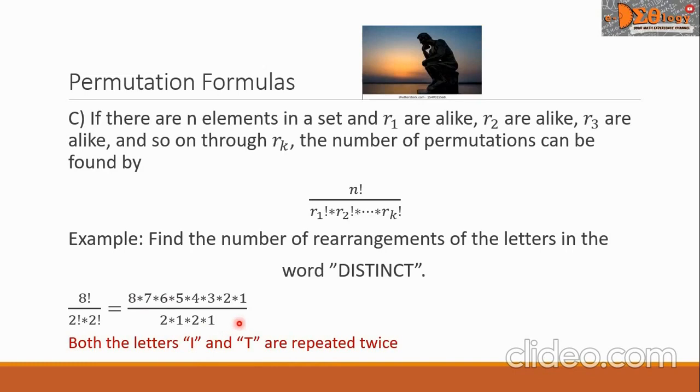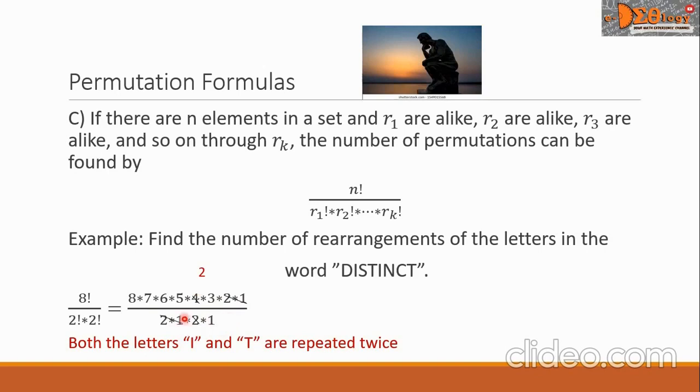To simplify further, we can cancel this 2 times 1 with this 2 times 1 here. And this number 2, we can cancel with number 4, and the number 4 becomes 2. And another number 1 is in the denominator that we can simply ignore.